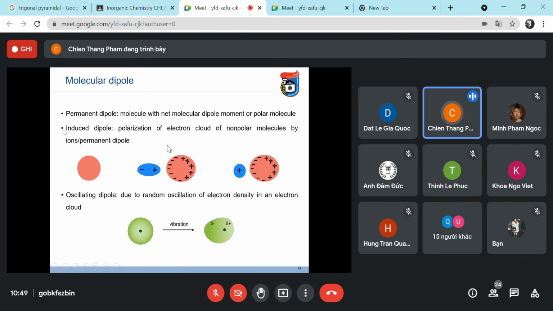In this way, we call it induced dipole. It means that the dipole is formed by the effect from outside, because it's induced.